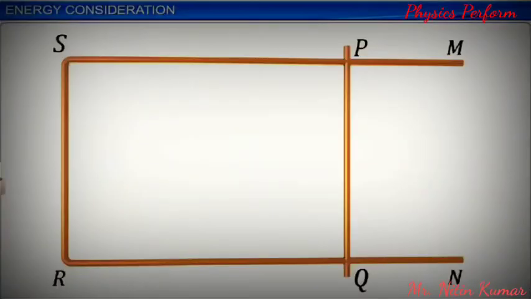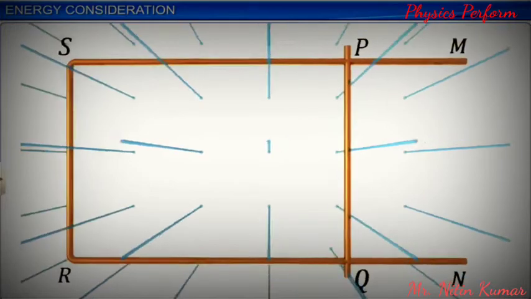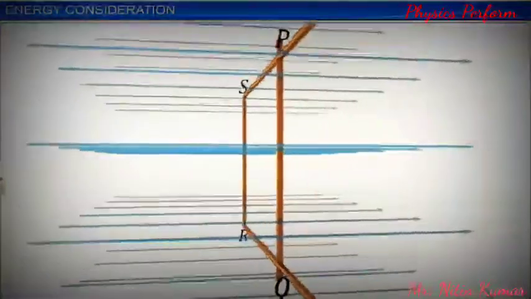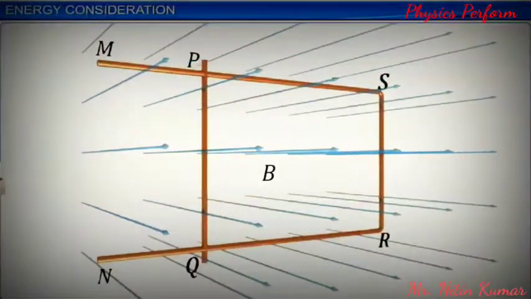Consider a rectangular conducting loop PQRS placed in a uniform magnetic field of strength B. The arm PQ of the loop can be slid over its arms PS and QR. Arms PS and QR of the loop are part of the rails SM and RN connected to SR. The length of SR is L. The length of the arm PS at an instant is x.